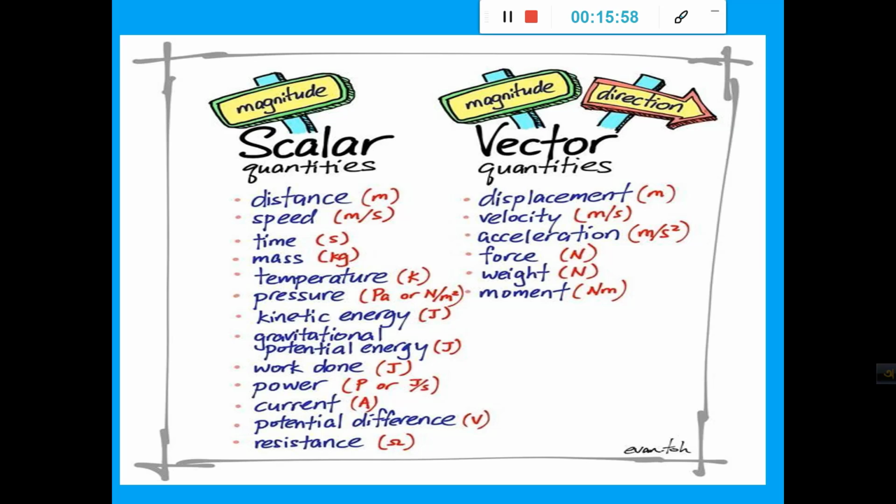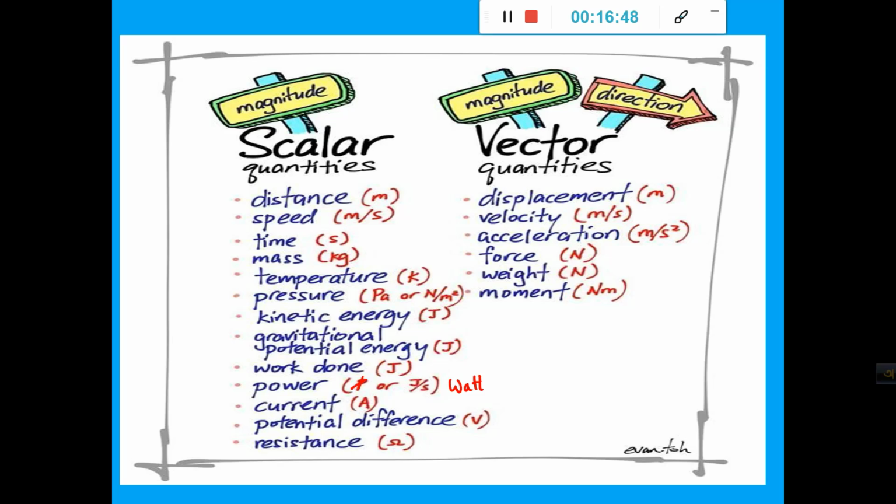So here is a list of scalar and vector quantities. Scalar quantity: distance, unit meter; speed, unit meter per second; time, unit second; mass, unit kg; temperature, unit Kelvin; pressure, Pascal or Newton per meter square; kinetic energy, joule; gravitational potential energy, joule; work, joule; power, joule per second or watt; current, unit ampere; potential difference, unit volt; resistance, unit ohm.